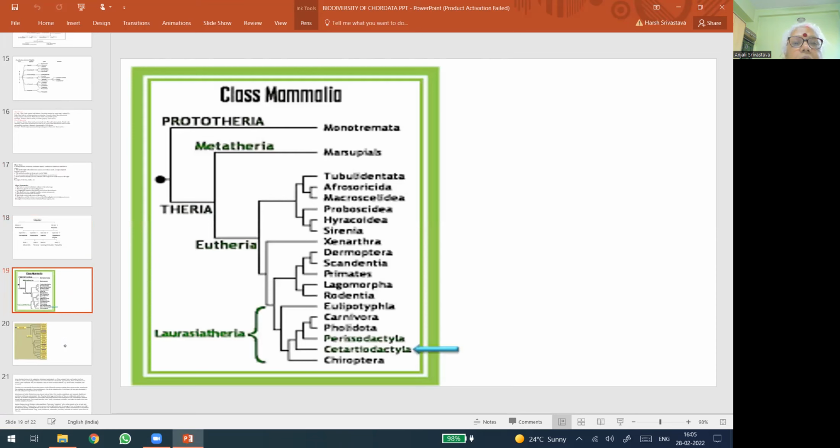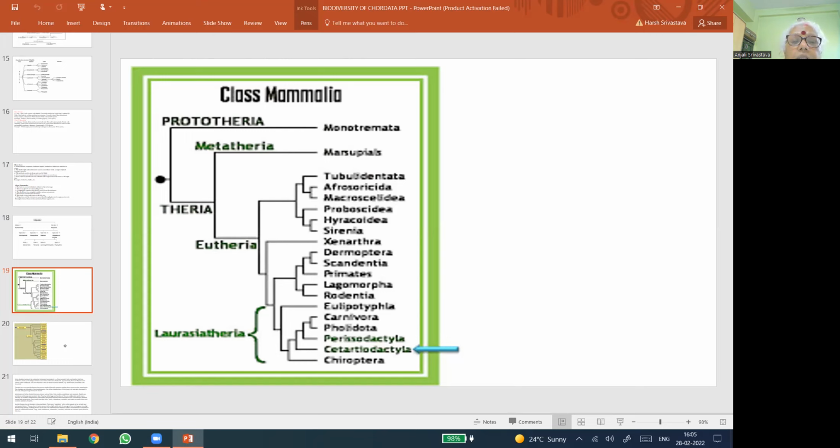So the last and the most modern group of the animal kingdom is the Mammalia, that includes three subclasses: Prototheria, Metatheria, and Eutheria. Prototheria includes the very primitive mammals, the monotremes. The echidna is the example. They are perhaps the only egg-laying mammals.